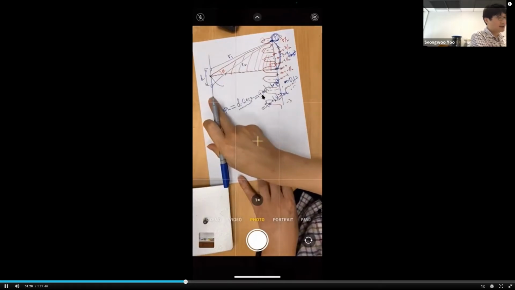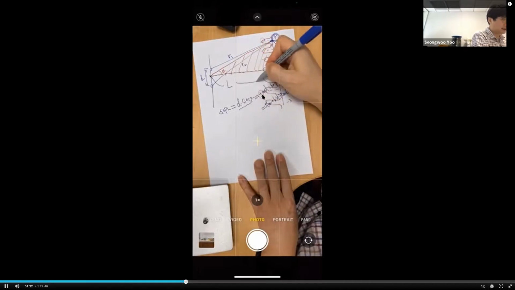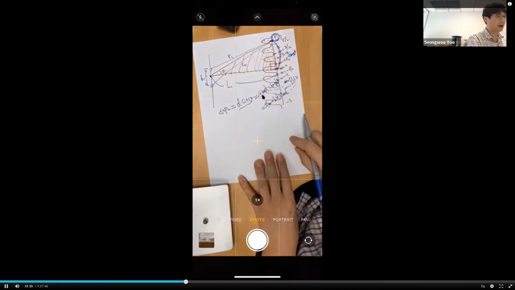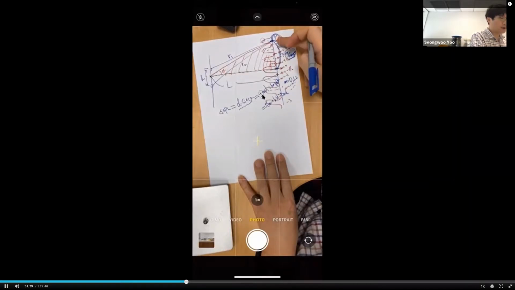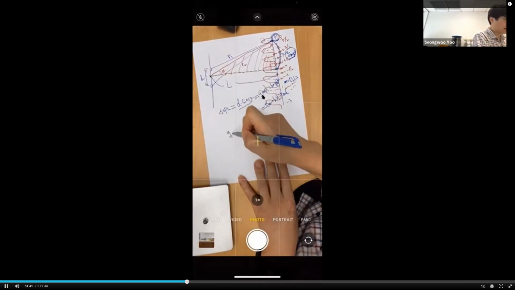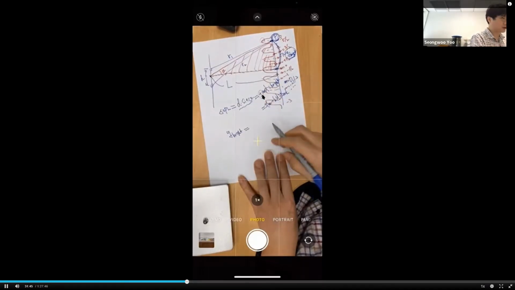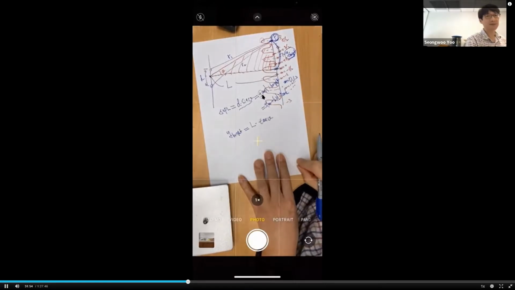With the distance between the slit and the screen being L, y bright, the distance of the point P from the center, is actually the height of this big triangle, isn't it? Therefore, this becomes L times tangent theta.